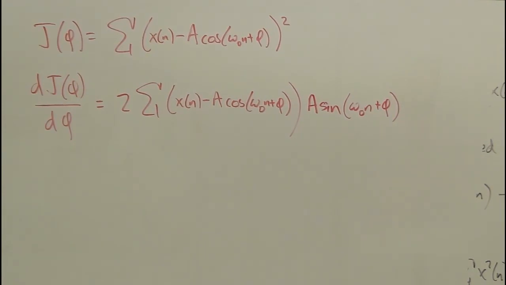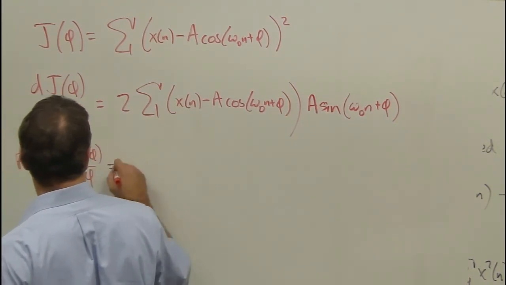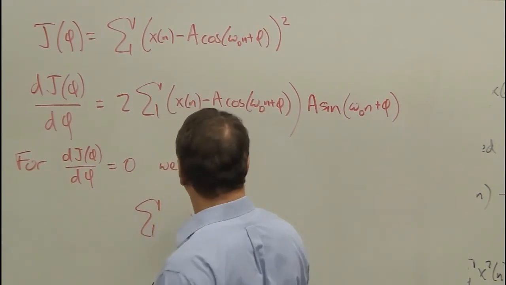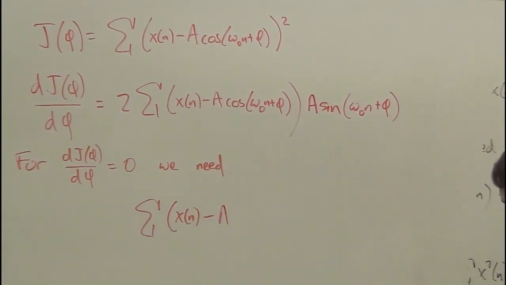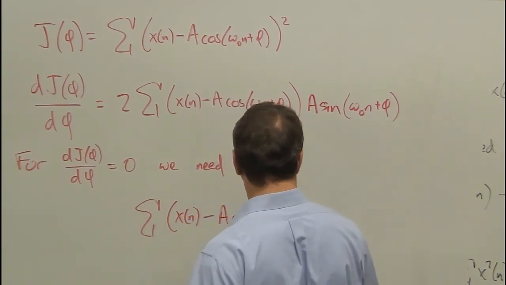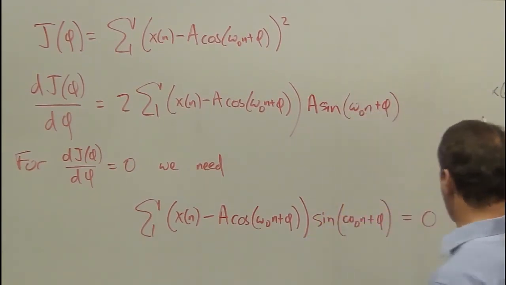All right, so for this to be equal to 0, we need the sum of x of n minus a cosine of omega 0 n plus phi, times the sine of omega 0 n plus phi, to be equal to 0.